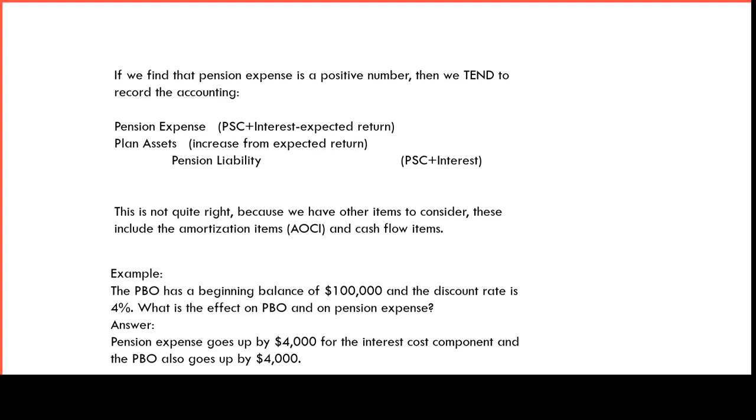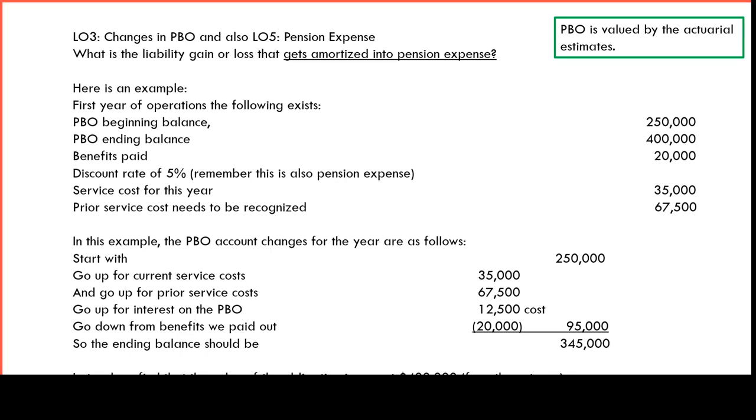And then you would also have an OCI item because the actuary comes back and says, hey, people are living longer, or hey, their ending salary is higher than we expected. That's an OCI item. It does not show up in pension expense because we do not want it to show up in the income statement, and because it's not really a management's decision.